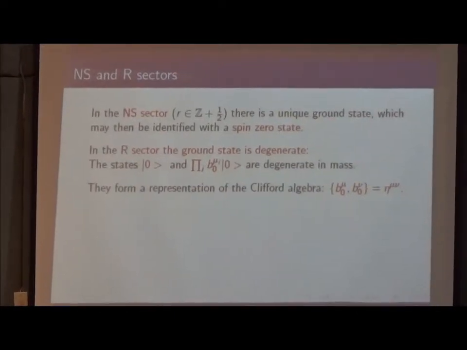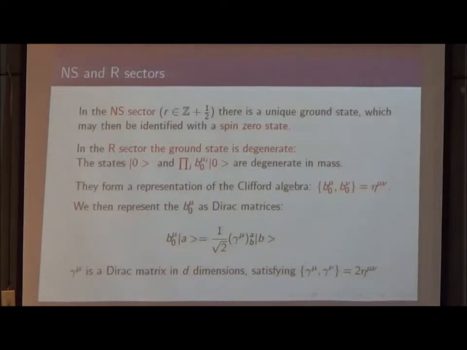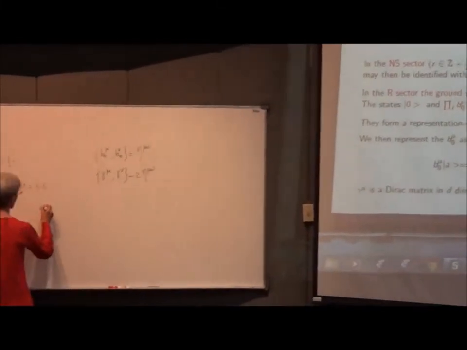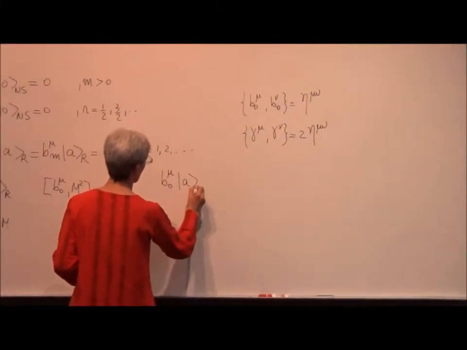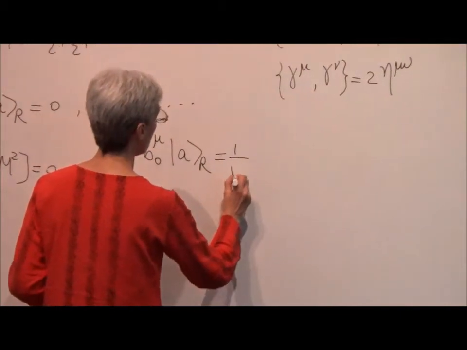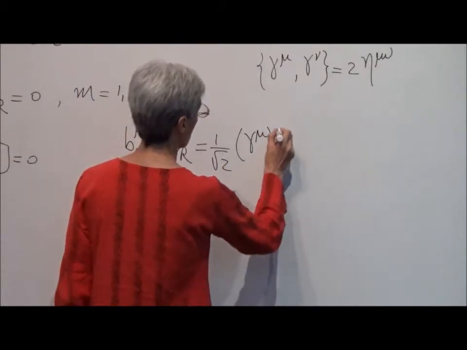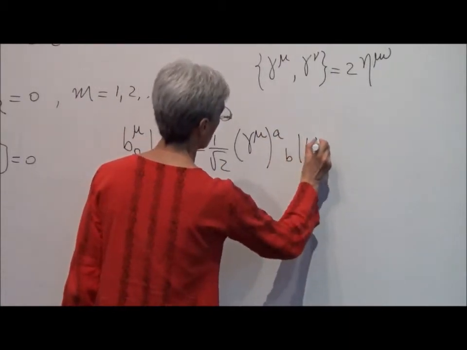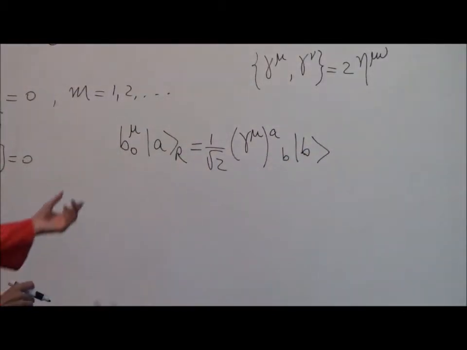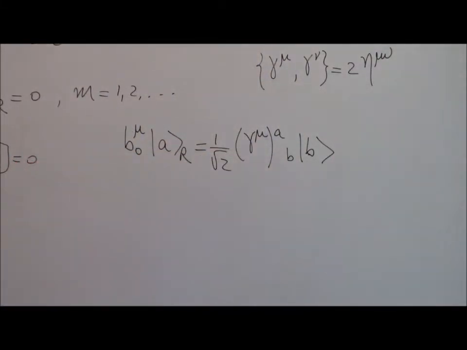And as I said, since these operators form a representation of the Clifford algebra, we can represent these states. For instance, for the state acted upon by one V0 operator, I can identify the V0 operator with 1 over square root of 2 times the gamma matrix, gamma mu.